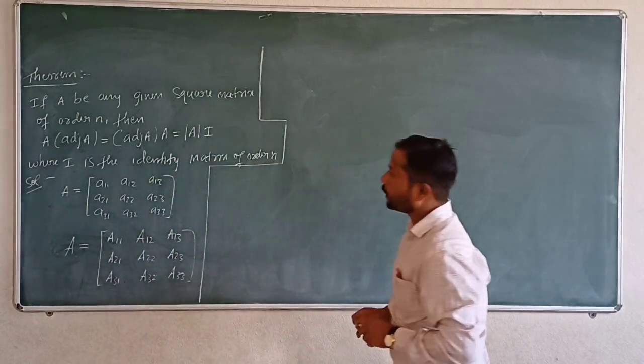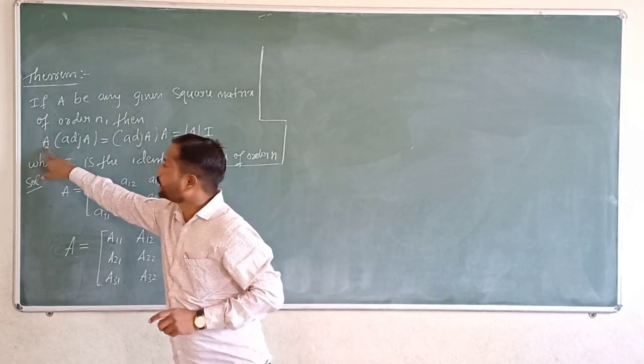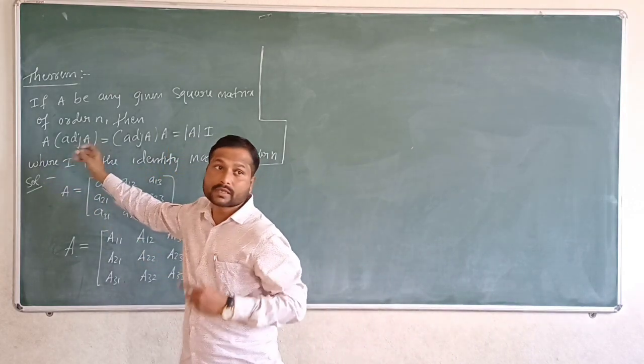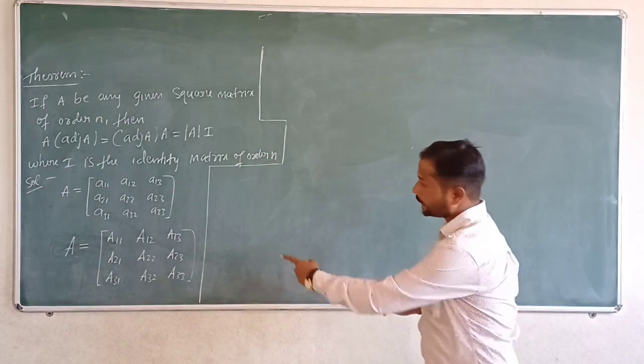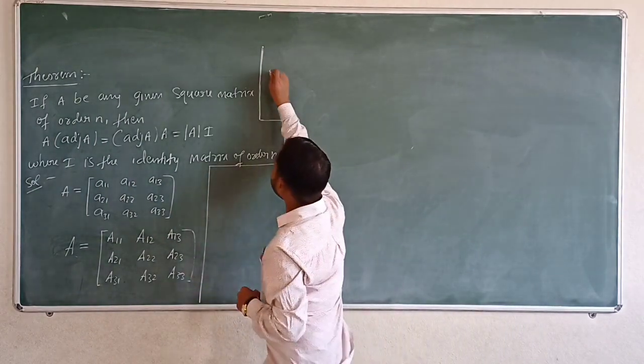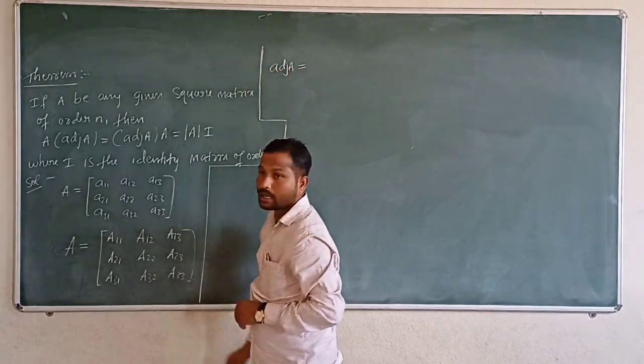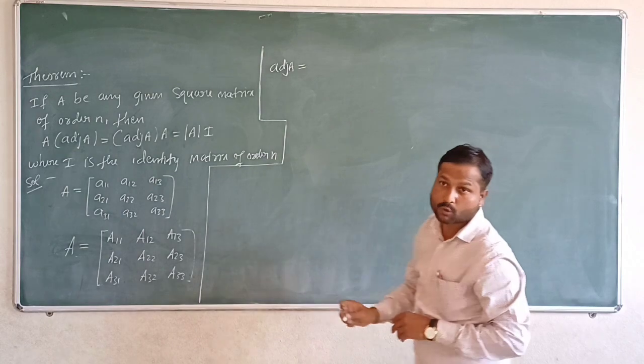After the cofactors we have to find the adjoint. Now go for the adjoint: the adjoint of A is nothing but the transpose of the cofactors of the matrix.